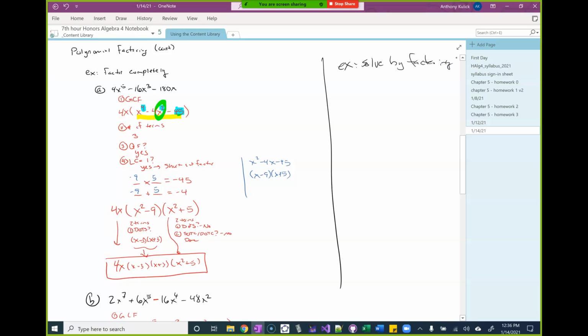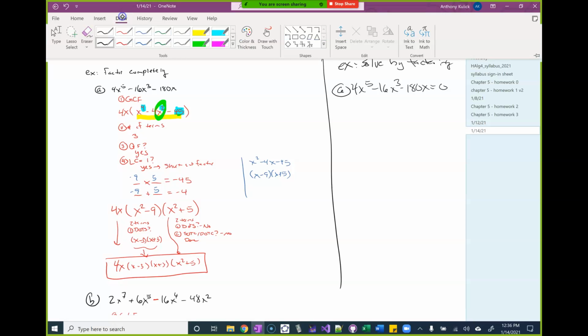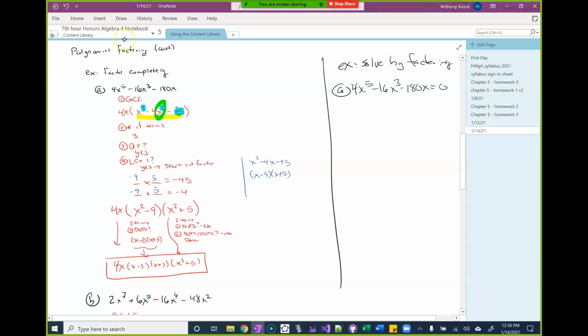So if I want to solve by factoring, the problem set is going to look slightly different in so much as it's equals 0. Notice this is the exact same polynomial that we factored in our factoring example A. It's just now equal to 0, so it's a solving problem instead of just a regular old factoring problem.